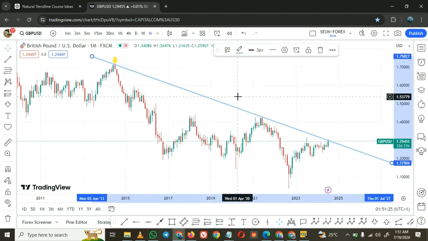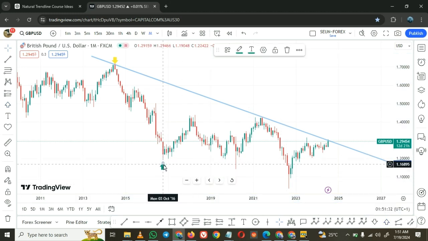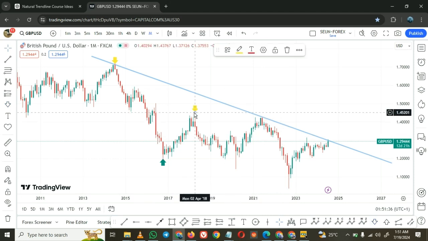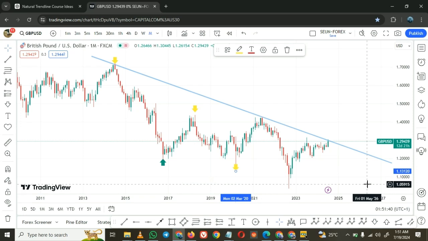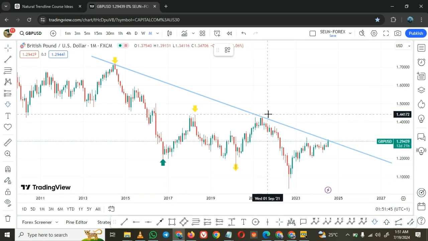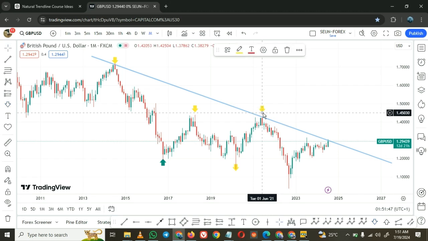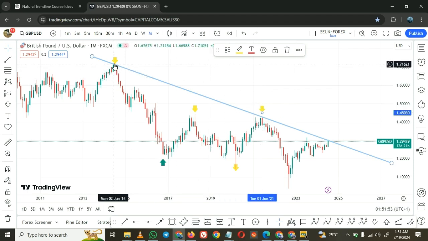This is higher high, and this is higher low. This is higher high, this is higher low, and this is higher high, oh sorry, this is lower high.